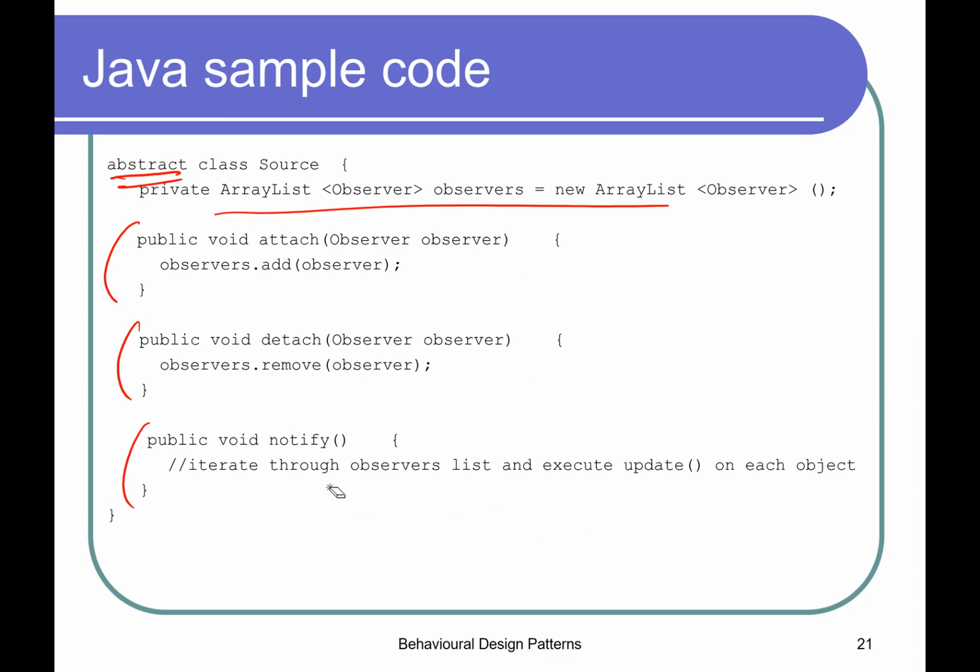The concrete source is not going to be doing any of this admin stuff itself. It leaves it up to the parent class to handle it. I don't need to change it every time I have a different concrete source. It's really the same exact code that gets repeated over and over again.